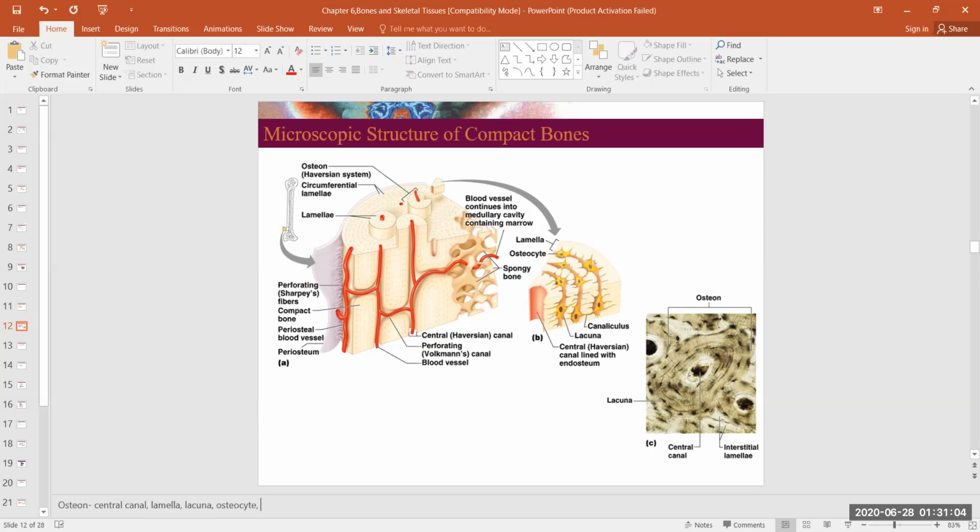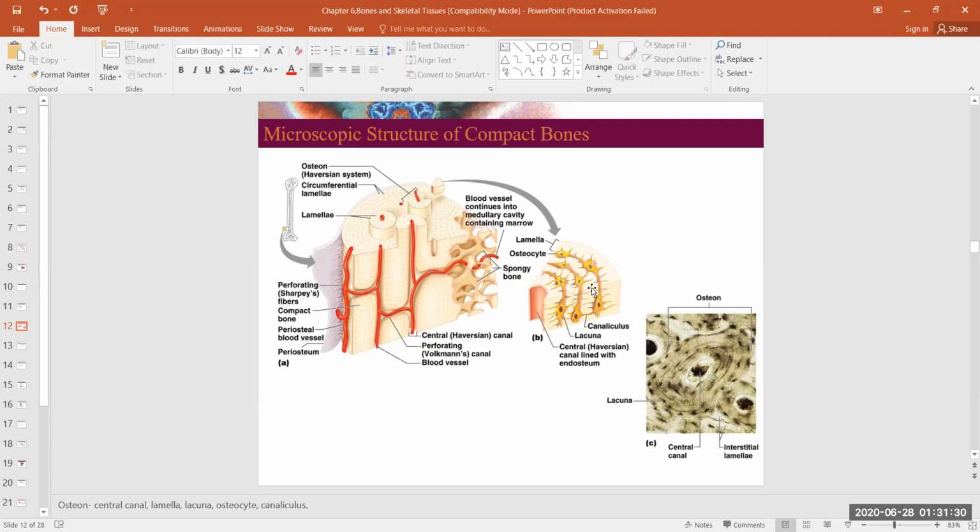Then canaliculus, singular, canaliculi, plural. Okay. So these all are the structures in every osteon here. Okay, so this is the diagram.